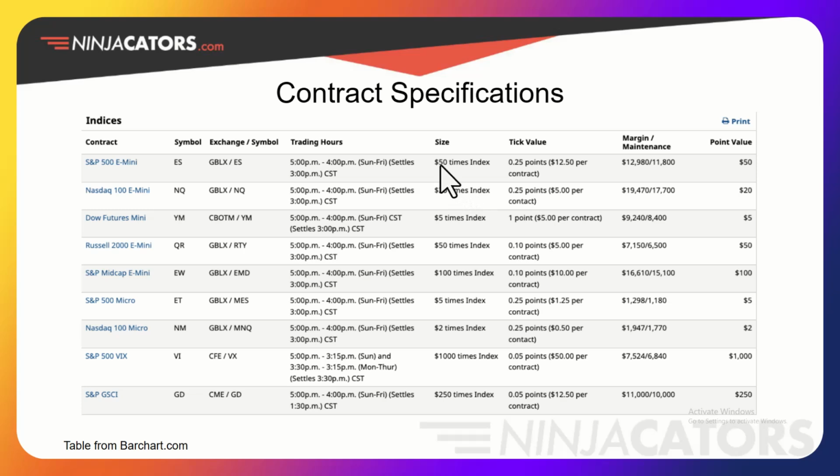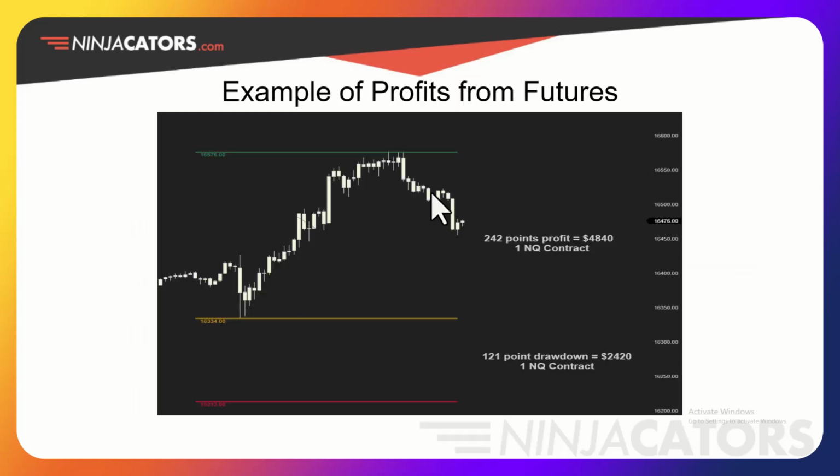So the micro E-mini would be 5 times the index, $5 per point. MNQ, the micro NASDAQ contract, would be $2 per point. So not quite as much leverage, but still, that is a minimum of 100% of the position of holding the underlying. And so now we'll get into an example of how fast this could happen.